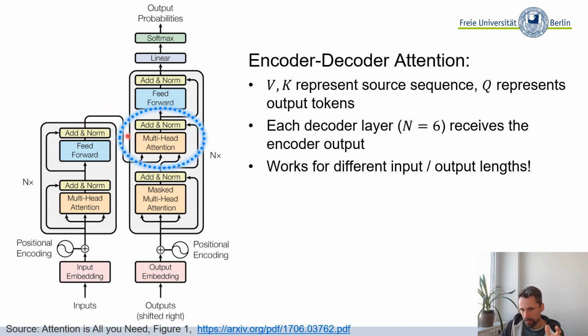This message coming from the encoder is kind of telling the decoder, okay, that is what you should be translating. And Q is representing what we have already been saying, right? So this is the sequence up to now. And the task for the whole network is to now predict a distribution over output tokens. So we kind of condition the network to what it already has said.